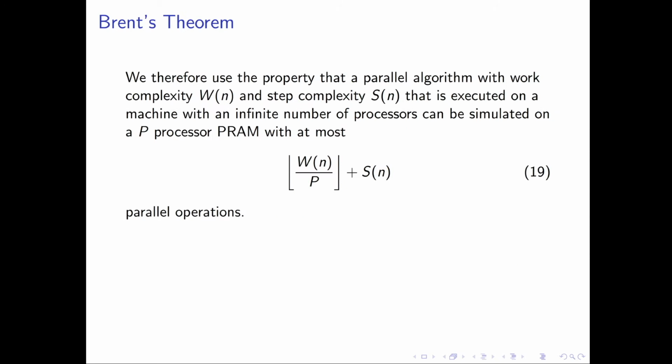In the following, I will also show you real quick why this is valid, why we can express every parallel algorithm that can run on a PRAM with the work time approach.